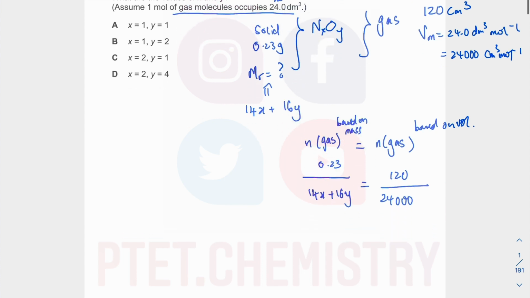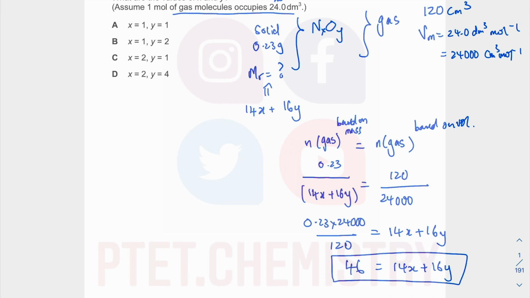The problem with it is that I have got two unknowns. So I bring it up, and then I will get 0.23 times 24,000 over 120. So 14x plus 16y. I can do the calculations on the left, and they give me 46, and that is my algebraic expression. I still don't know what is x and y, and I cannot evaluate it because I've got one equation and two unknowns.